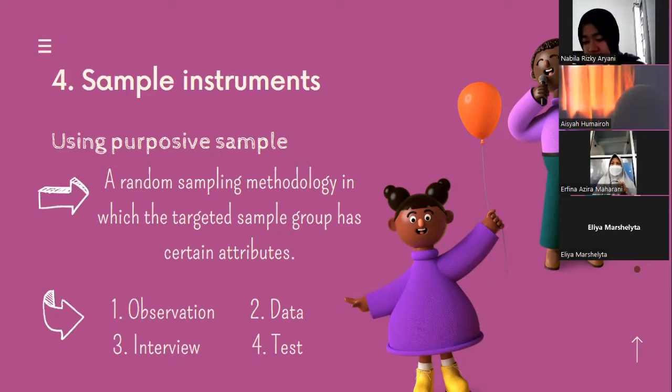Therefore, because in this research the writer wants to get representative data that matches the criteria, the writer uses purposive sampling. So the writer gets class 10 social science as the sample in the research. The class consists of 43 students, which has 33 female students and 10 male students.